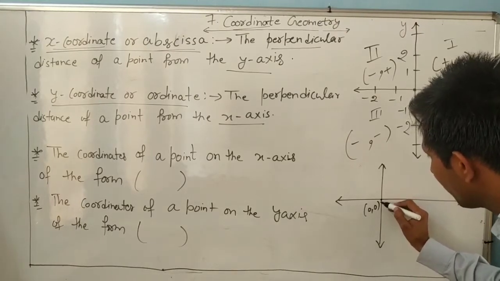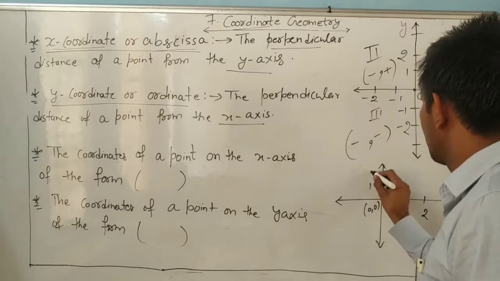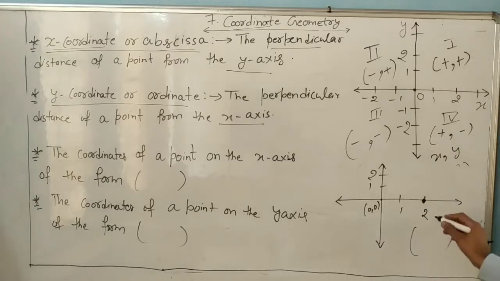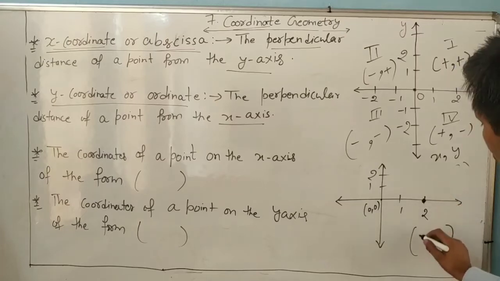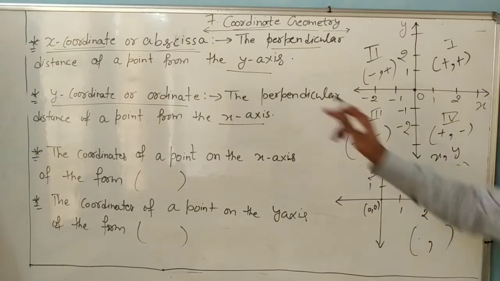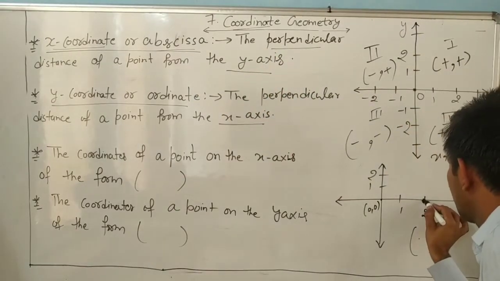This point: 1, 2. What is the coordinate of this one? Look, it is a point, and if we want to write its x coordinate, we will check it. The x coordinate means the perpendicular distance from y. So how far is this point from y?